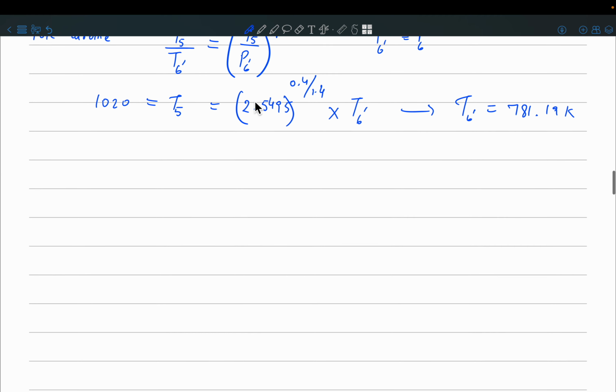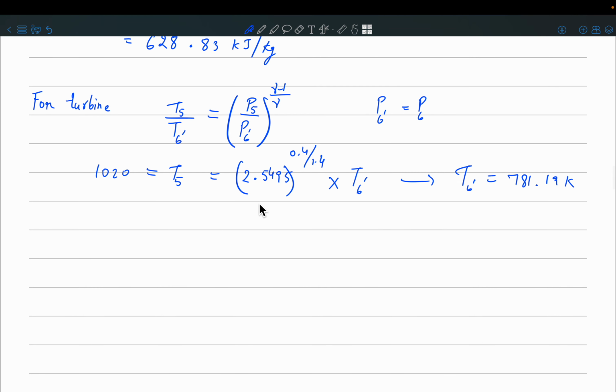So going back, we plugged in the value of the pressure ratio here. The pressure at station 5 is obviously higher than 6. T6 prime we have obtained as the ideal exit temperature of the turbine, but we need to find the actual exit temperature, and that we can find because we know the efficiency of the turbine, which was given to us as 0.85.